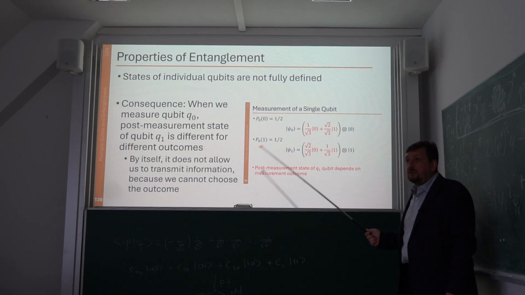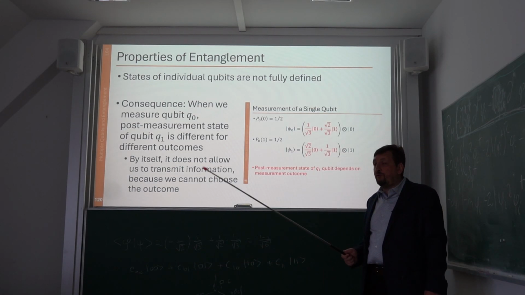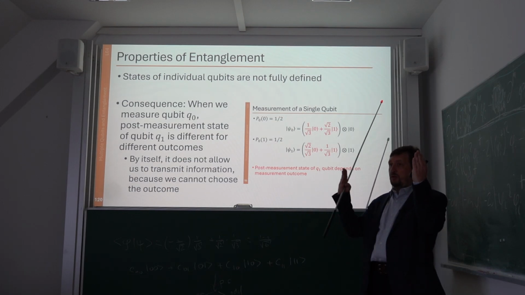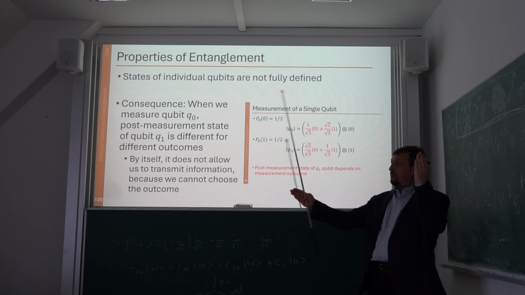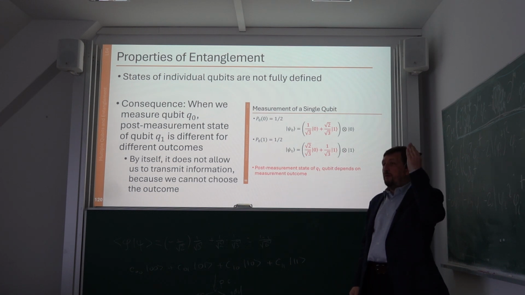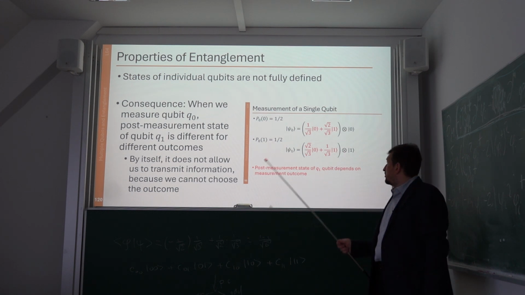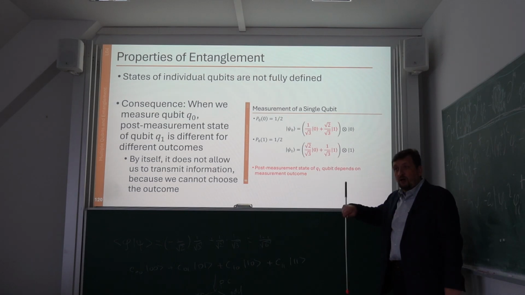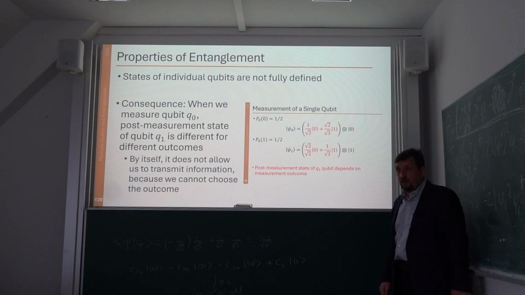So this is a signature of entanglement. If two qubits are not entangled, if we have a particular state of one qubit and a particular state of another qubit, we measure this qubit, nothing happens to that one. So this dependence of the post-measurement state on the outcome of the measurement is a signature of entanglement.